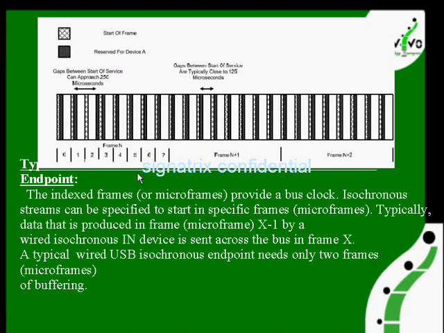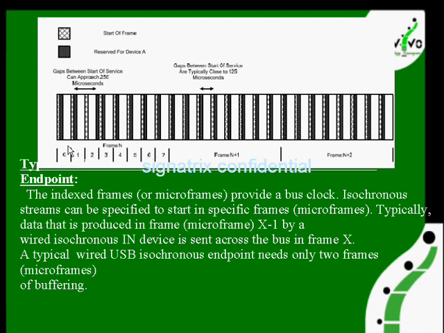Coming to here, this is frame number 1, frame number 2, frame number 3. This is a full speed frame. Each frame has a duration of 1 millisecond, and the 1 millisecond frame is divided into 8 parts; each microframe has a duration of 125 microsecond.